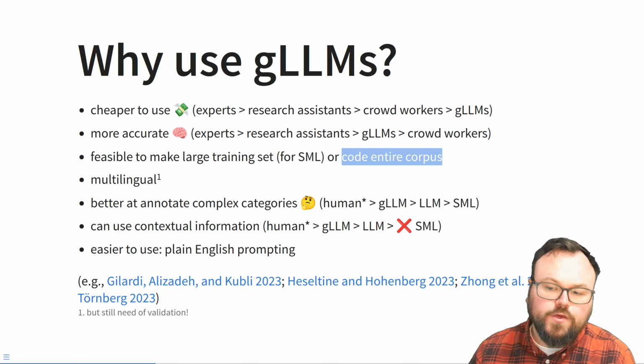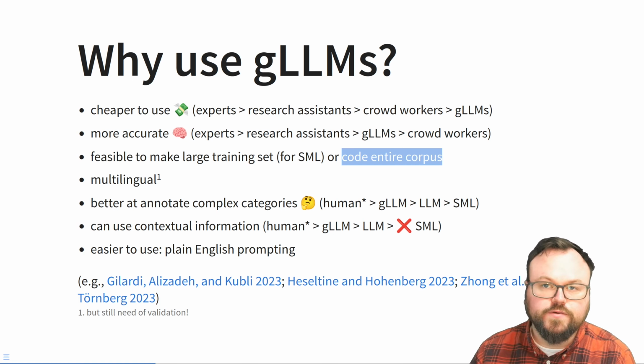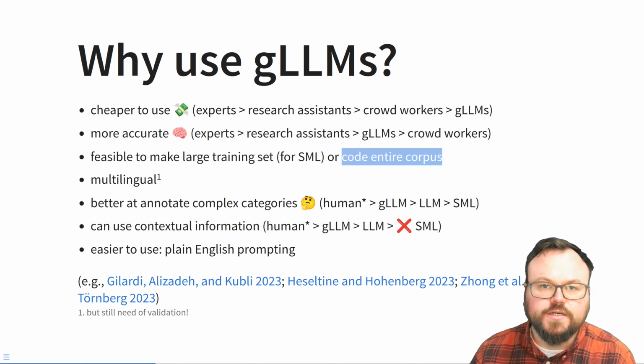And even with humans here with complex categories, we have to say it really depends, I think. In some cases where you have untrained humans, then the generative large language model simply has more knowledge saved into the weights than some humans do. But if you have expert coders, then of course, with complex categories, they will still outperform these models here.